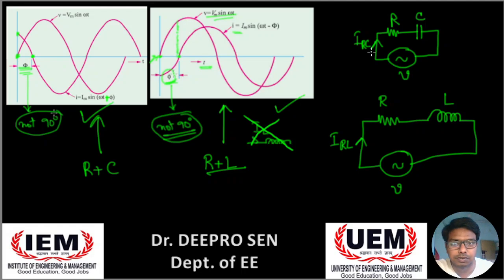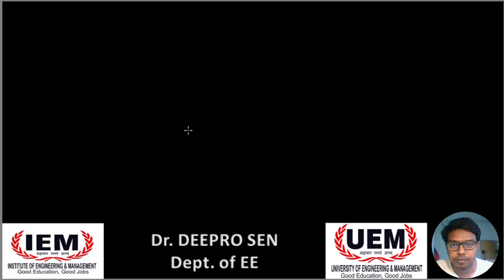Here RC stands for resistive plus capacitive. So this current will have a lagging characteristic to the voltage as shown here, which will not be 90 degrees but somewhat less than 90 degrees. So how do we arrive at this result? We need to explain it with a phasor diagram, so let's go to the next slide.